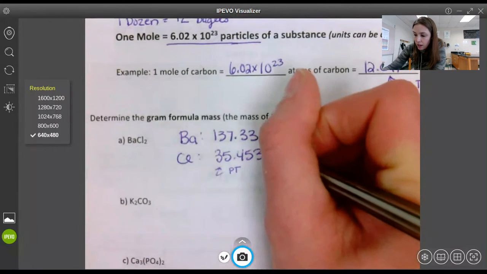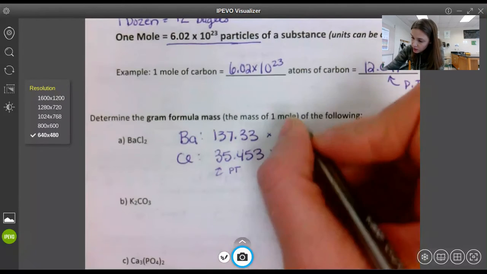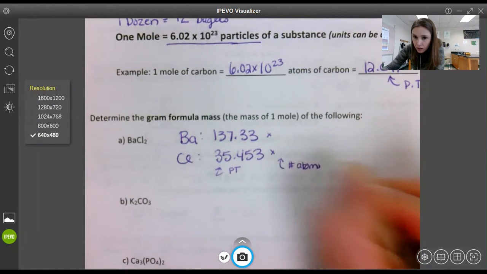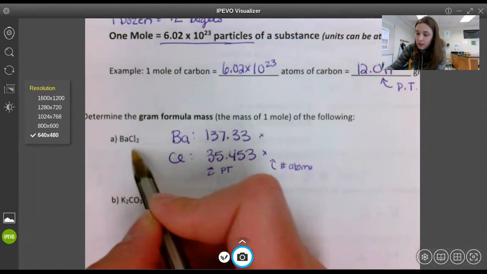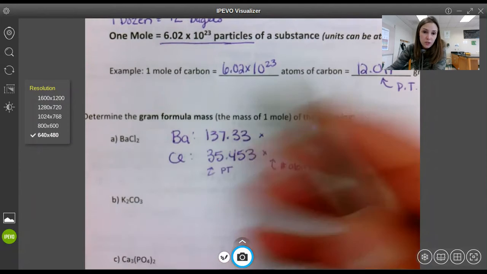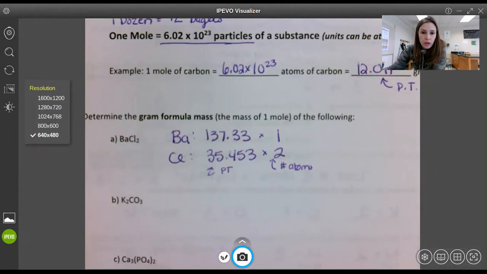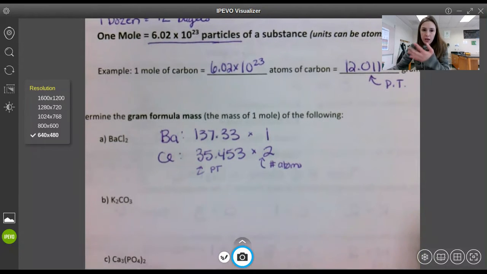Then I'm going to be looking at the number of atoms. This little spot here is going to be the number of atoms based on the formula. This is where our objective one's going to come in. With barium, we have 1 barium atom, and I have 2 chlorine atoms. Or really, these are ions, which we haven't gotten into yet. So I have barium ions and chloride ions.